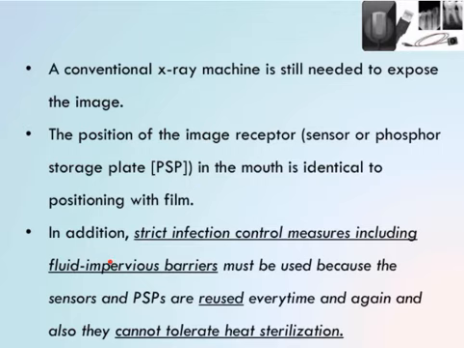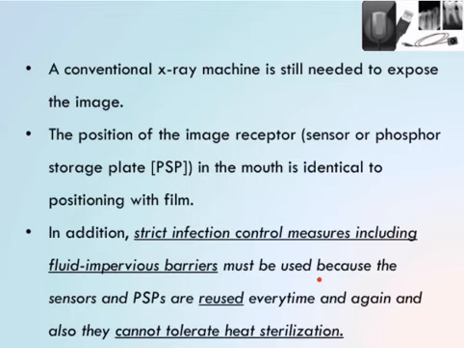In addition, strict infection control measures, including fluid impervious barriers, must be used because the sensors and PSPs are reused every time, and they cannot tolerate heat sterilization, so they cannot be autoclaved. For films, we already have a plastic wrapper or barrier as the film packet, and the film is inside the packet.